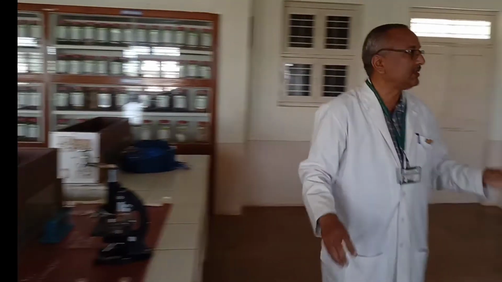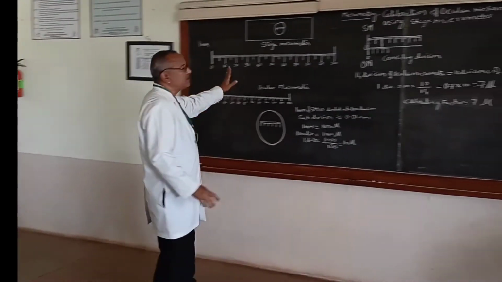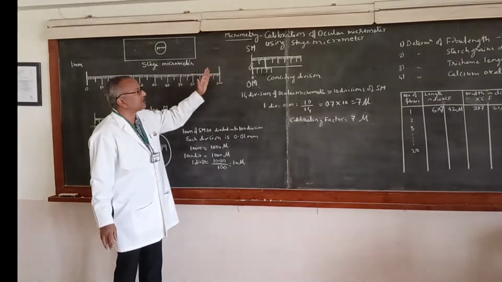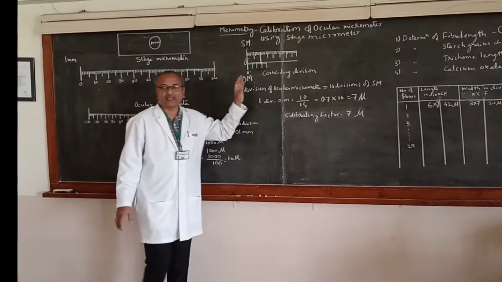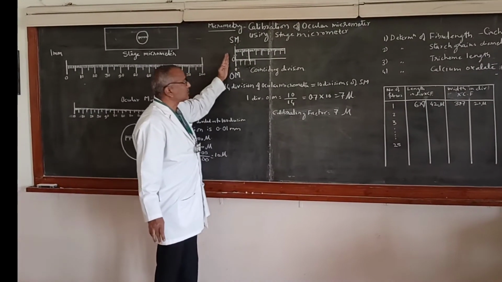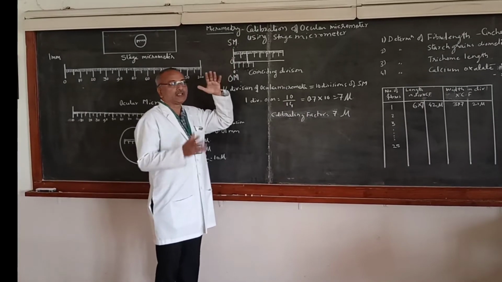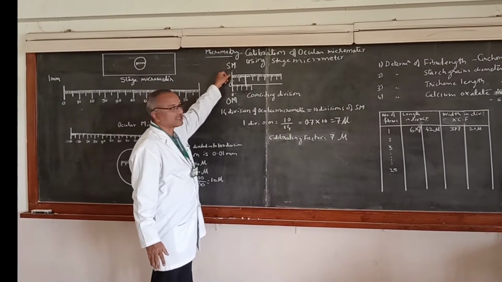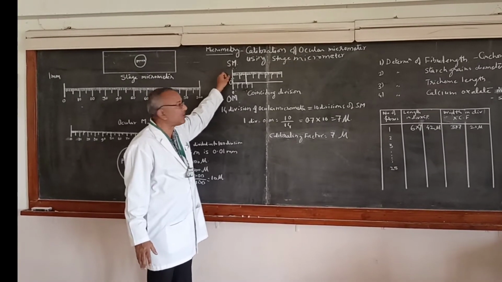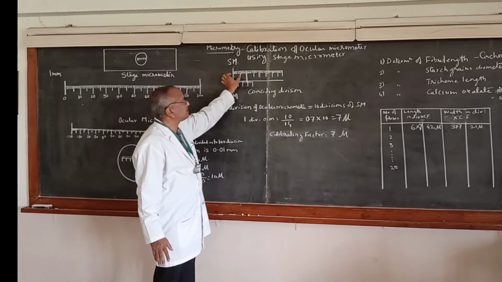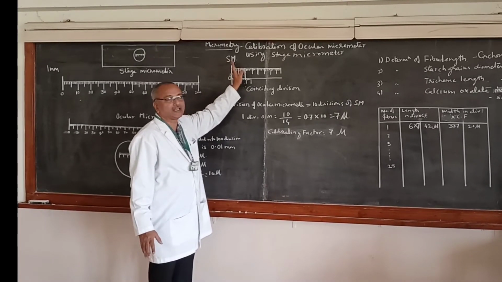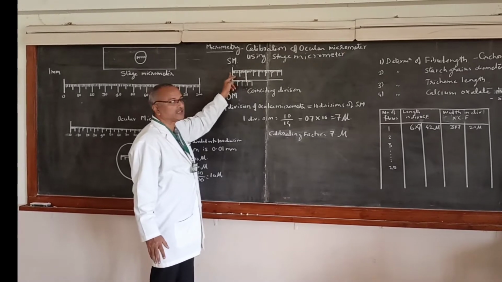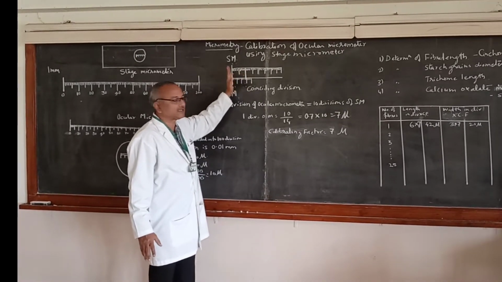Okay, so let us come to the procedure, that is, how we calibrate this ocular micrometer itself. We have to adjust the stage micrometer as well as the ocular micrometer in the superimposed position itself, and the first edge, either 0 of the stage micrometer or any of the divisions, which will make it easier to measure the units. So you can go for 0 or 10 or 20 like that.